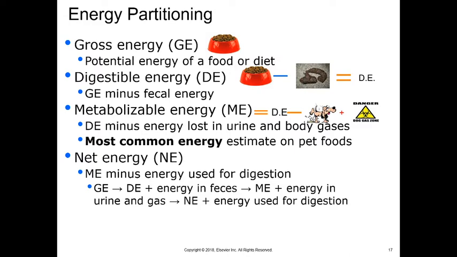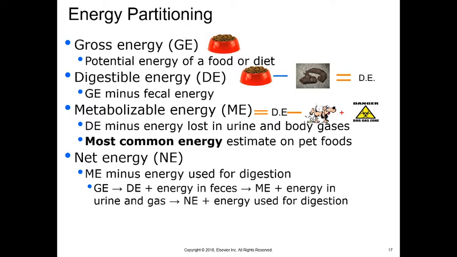Metabolizable energy really kind of dials down a little bit more and measures the digestible energy, which is the food minus the feces, and then subtracts how much energy is lost in urine and body gases. This is the most common energy on pet foods, on companion animal foods.